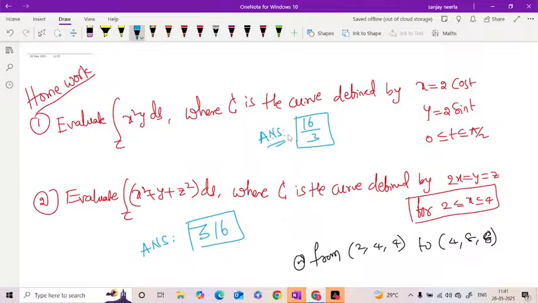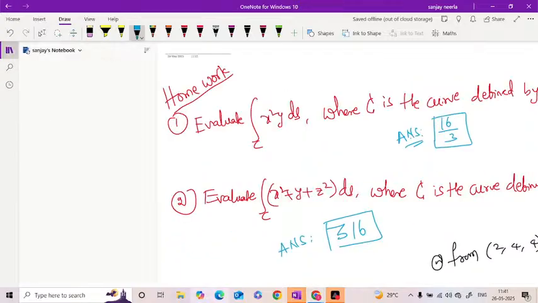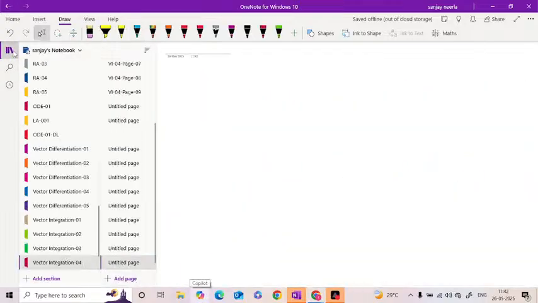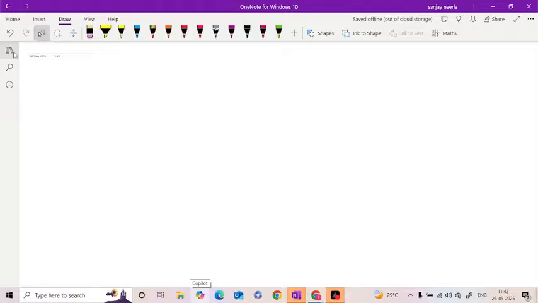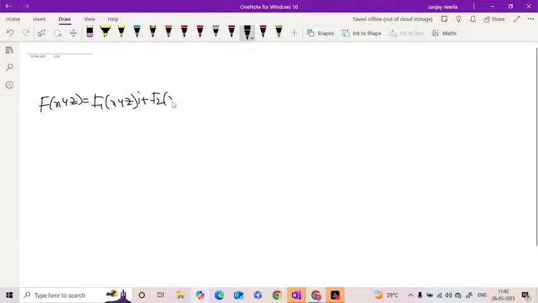Next one, we'll discuss one more, the line integral of vector fields. That is the second one. The first was the line integral with respect to the arc length. Now I am assuming here F is a vector field, F is a function of x, y, z, equal to F1 of x, y, z, F2 of x, y, z, and F3 also a function of x, y, z.